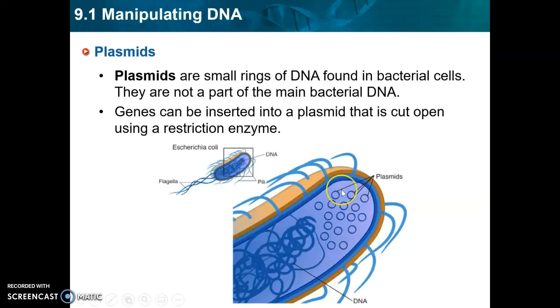So these plasmids here are very commonly used in genetic engineering. Because they're so tiny, it's really easy to insert them into a bacterial cell. And if you have placed a gene on that plasmid that you want this bacteria cell to express, that's a very easy way to get the gene from outside the cell to the inside of the cell.